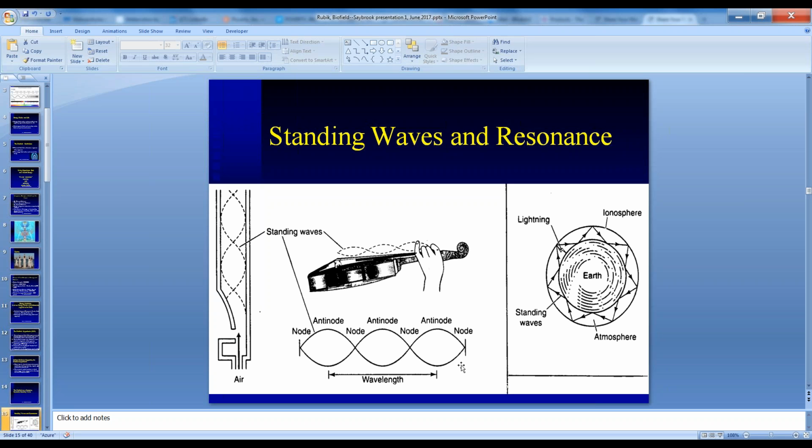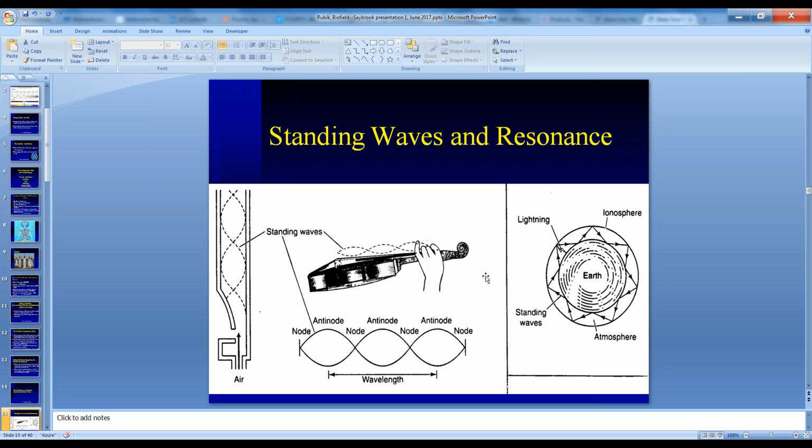The center of the string can vibrate and chooses to vibrate in patterns like this: antinodes, nodes, antinodes, nodes. And so there are only so many frequencies that will fit on any given string length, and overtones common to it. And that's a standing wave pattern. And the instrument then resonates with that vibrating string. The resonant body of the wooden violin helps the string make more noise because it has resonant properties.